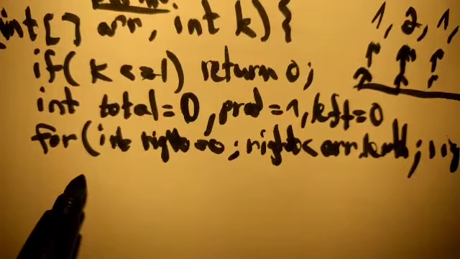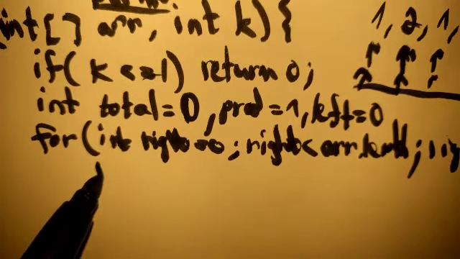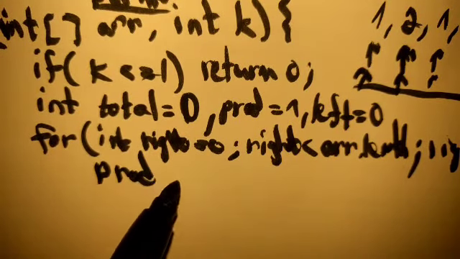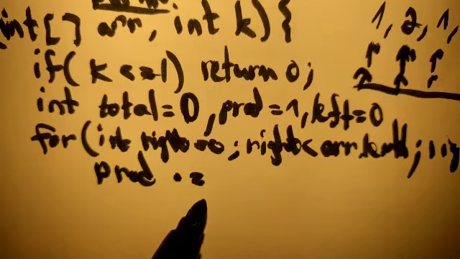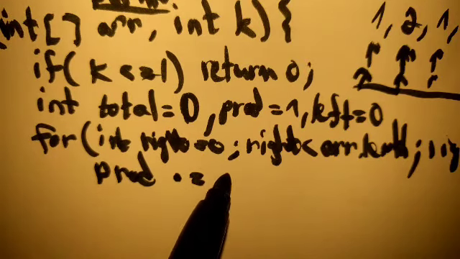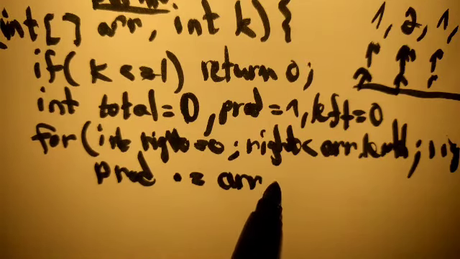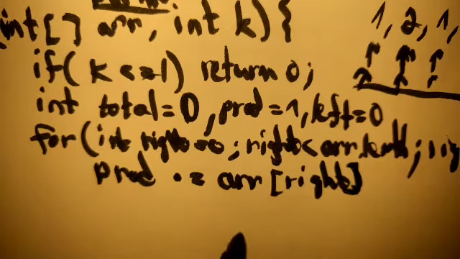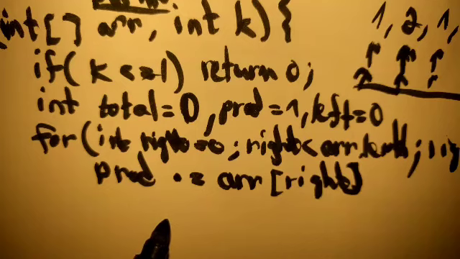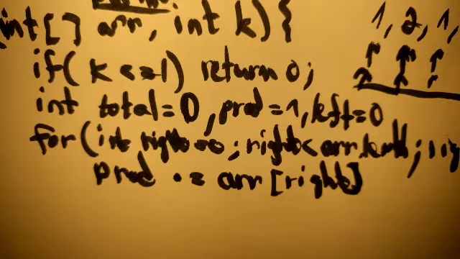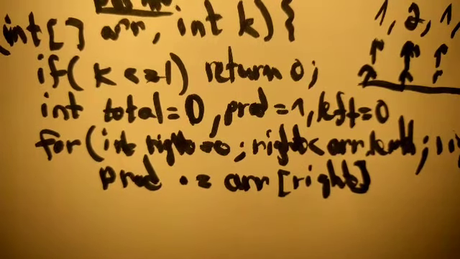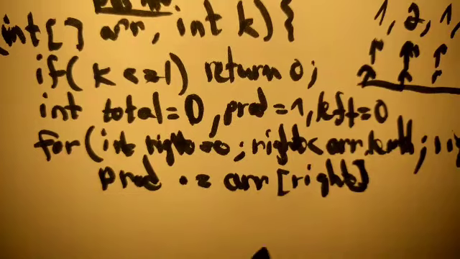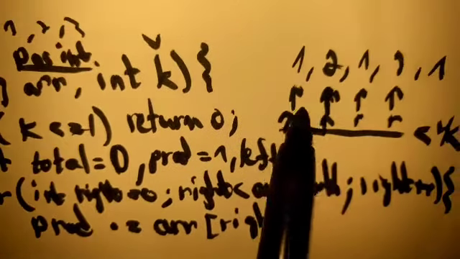Let's see how much the product is as of now. So the product would be the current product times the array at the right index. If the product is smaller than k, then remember that at this point what we wanted to do is to count the number that we have.